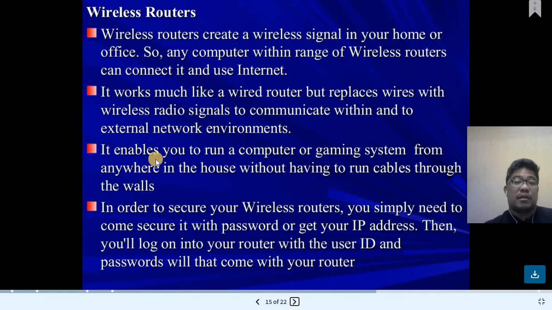It enables you to run a computer or gaming system from anywhere in the house without having to run cables through the walls. In order to secure your wireless routers, you simply need to secure it with password or get your IP address. Then, you log on into your router with the user ID and passwords that come with your router.